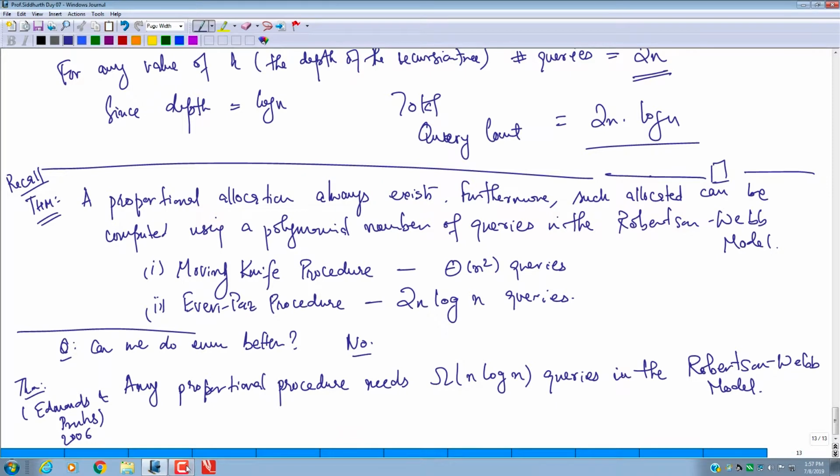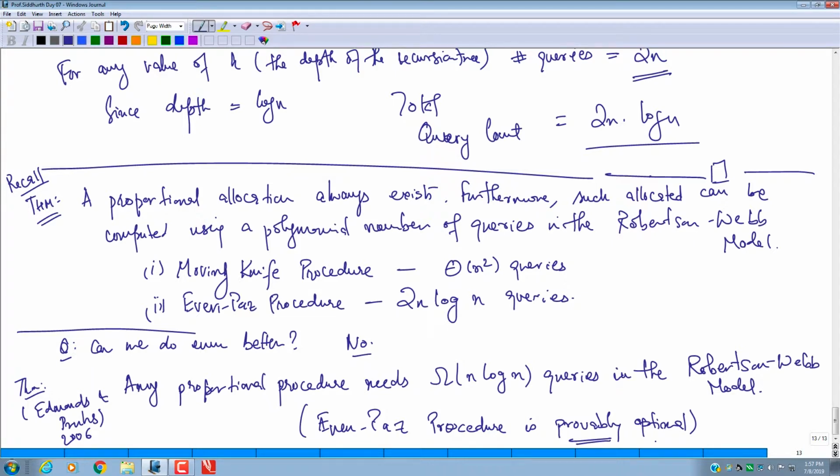Right, so effectively what this means is that, up to constants, the Even-Paz recursive method we saw is in fact provably optimal.